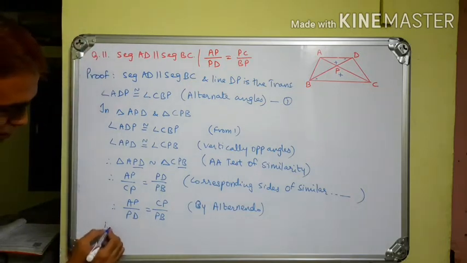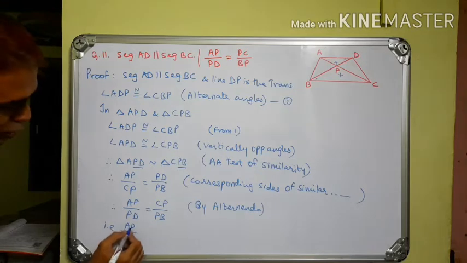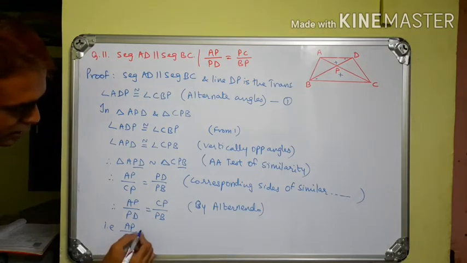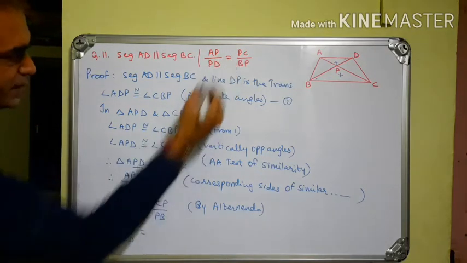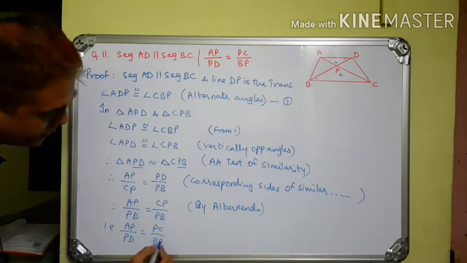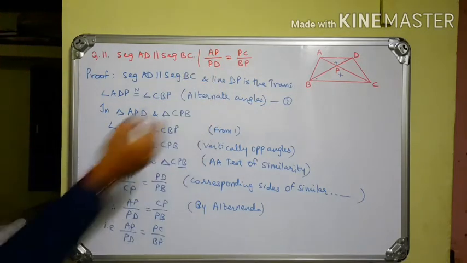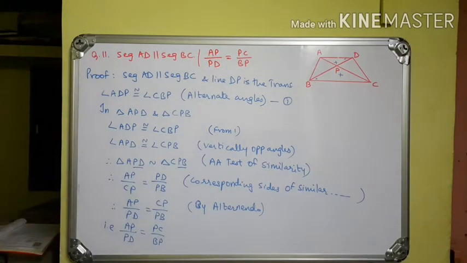That is, we can write AP upon PD equals to, we can write CP as PC, PC upon BP. So in this way we have proved what is asked.